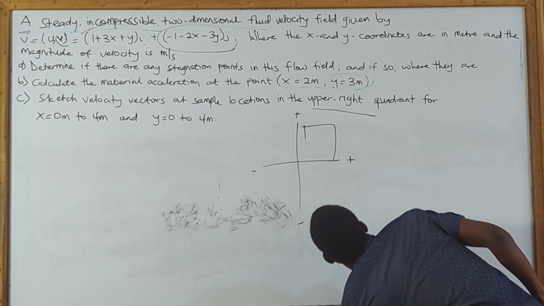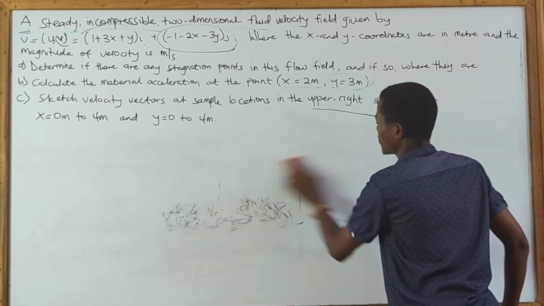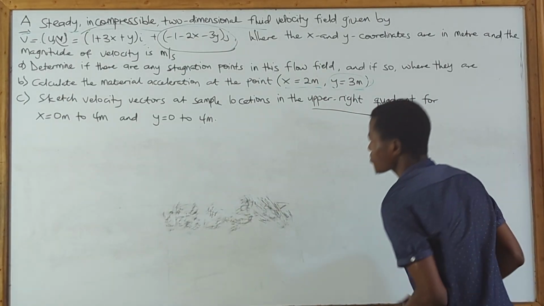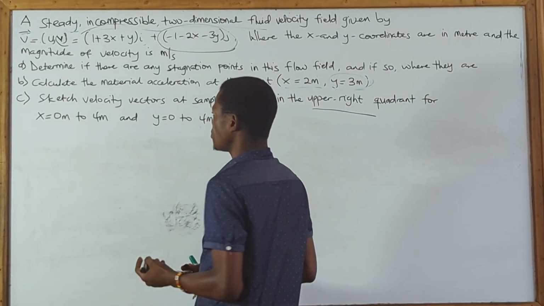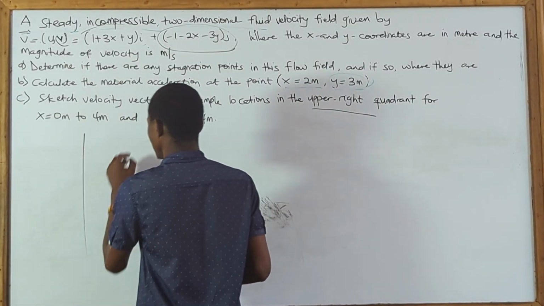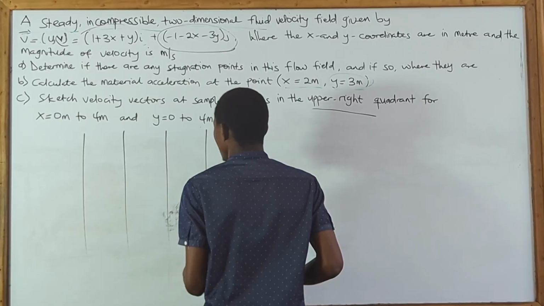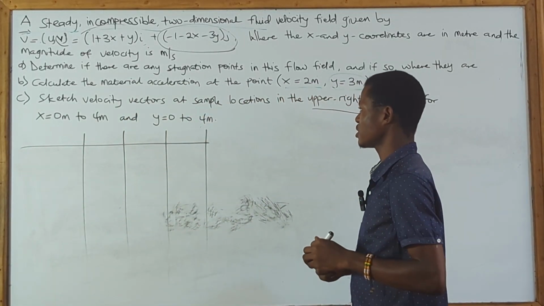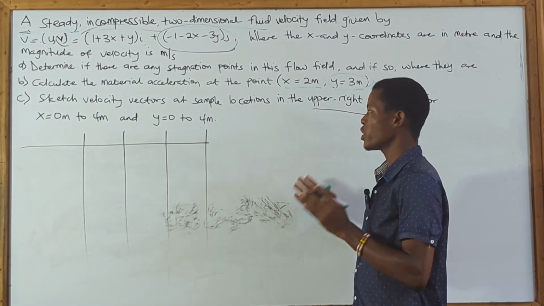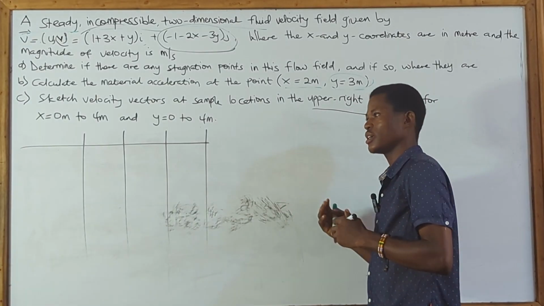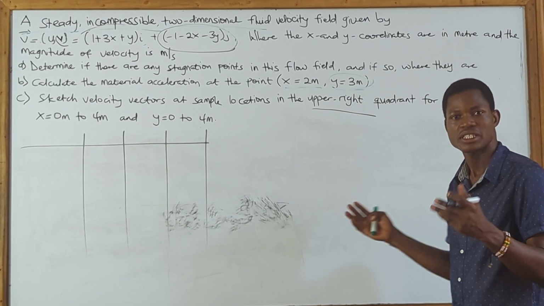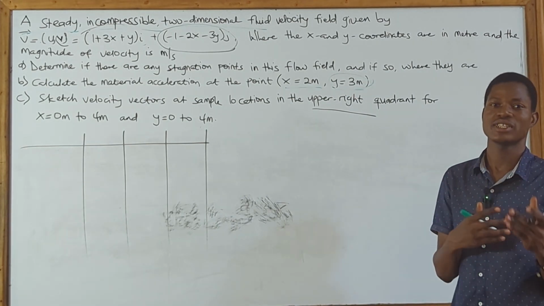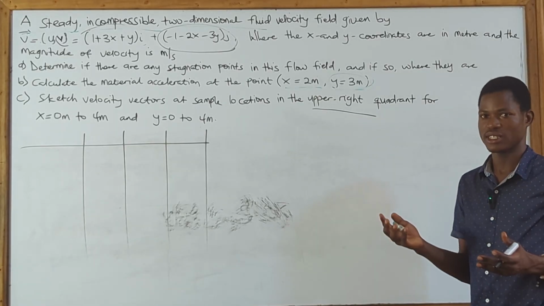So let's go ahead and try and solve the C parts quickly. For the C parts, we are just supposed to generate some sample points quickly. If it's an assignment, you can generate about 30 points and over, or you can generate it with Excel if you are very good at Excel.